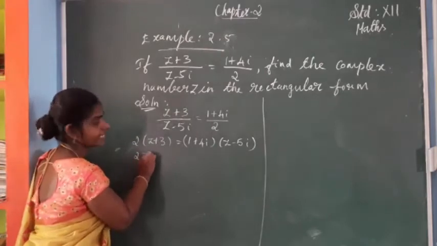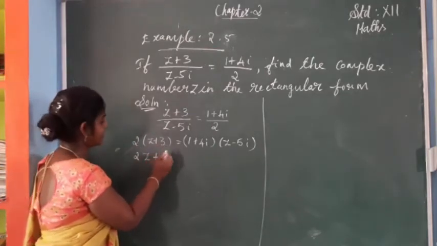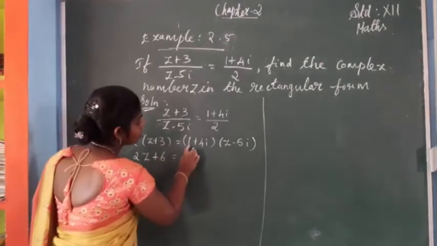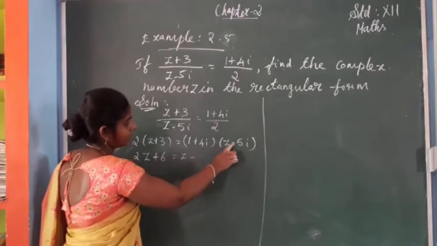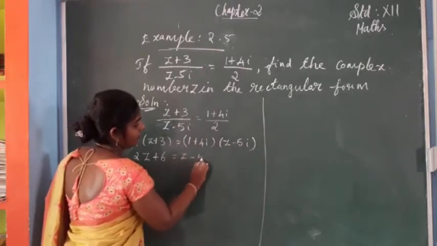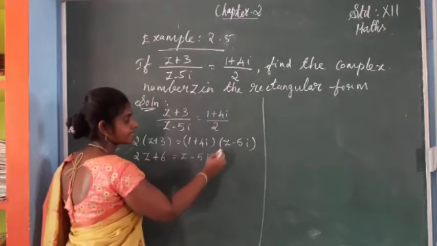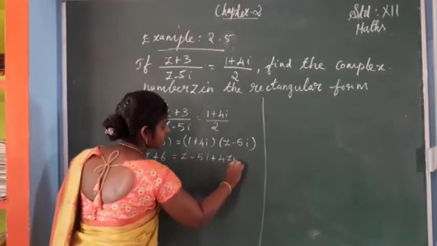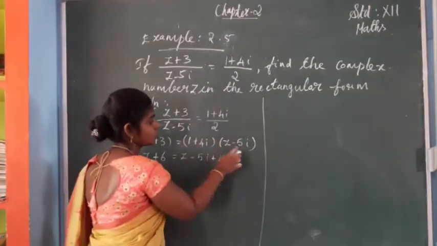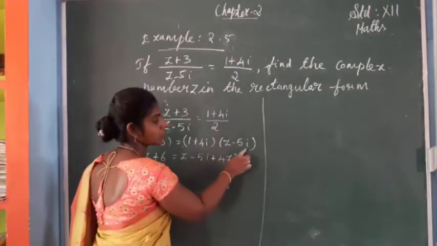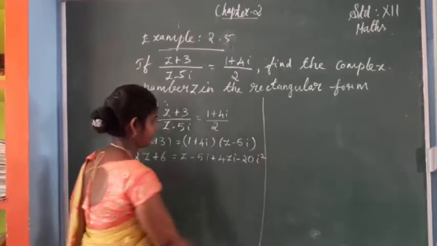Multiply: 2z plus 2 into 3, 6, equal to 1 into z, minus 1 into 5i, 5i, then plus 4i into z, 4i into minus 5i, so plus into minus, 4 into 5, 20, i into i square.